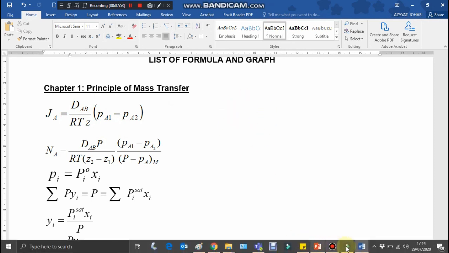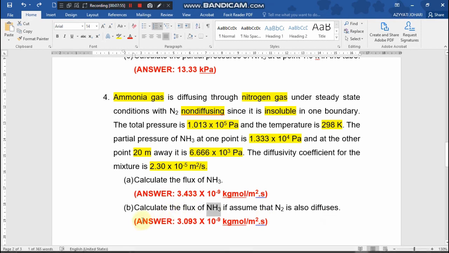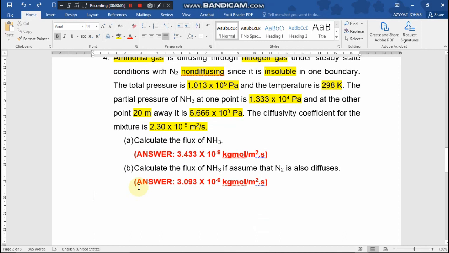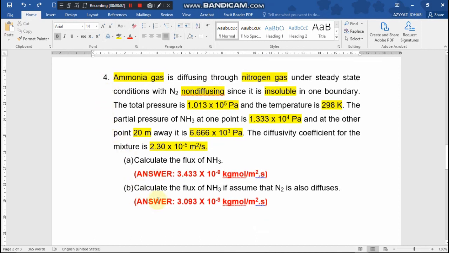Then you will get the answer 3.093 multiplied by 10 to the power of minus 9 kgmol per m2s. Okay, so that's the idea on how to solve 4B.